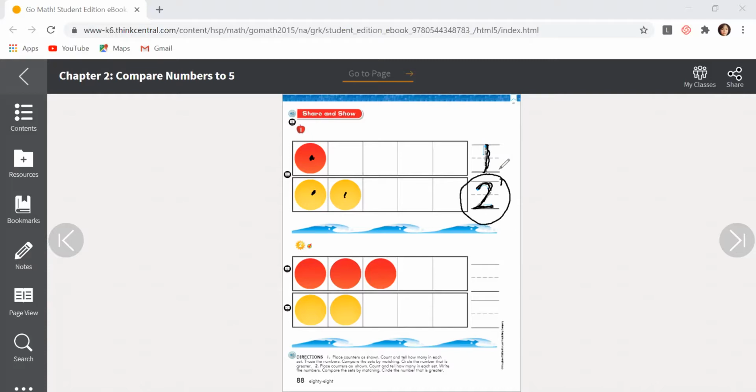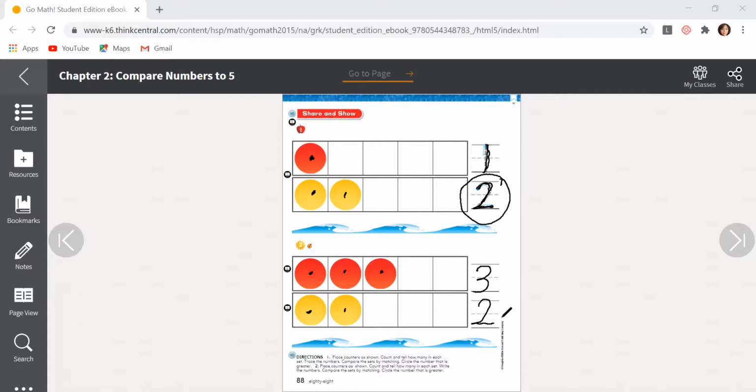Okay. On the bottom, I need to count my set of red dots. 1, 2, 3. I'm going to write my number so I don't forget it. And then I'm going to count my set of yellow dots. 1, 2. Okay. Now I'm going to ask Sadie, which of the numbers is greater?